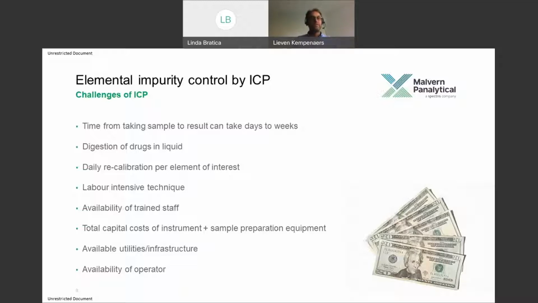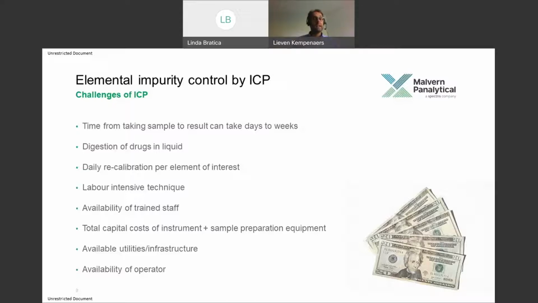And that's also because in some cases the drug has to be digested in liquid, and in some cases it's very, very difficult, or the concentrations are very high. So then the digestion takes days, weeks in some cases for specific samples, and that means that the whole method itself will take some time.